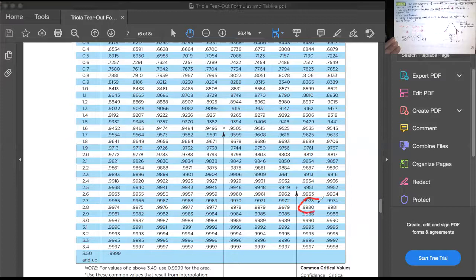So we are right here. Actually, I think I just missed it. There we go. We do that again. It's in this blue row. 2.78 is right there. So the area to the left of 2.78 is 0.9973.